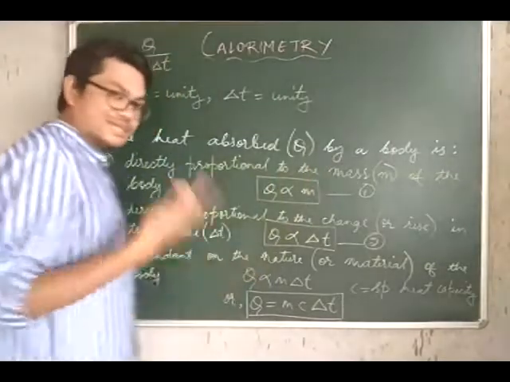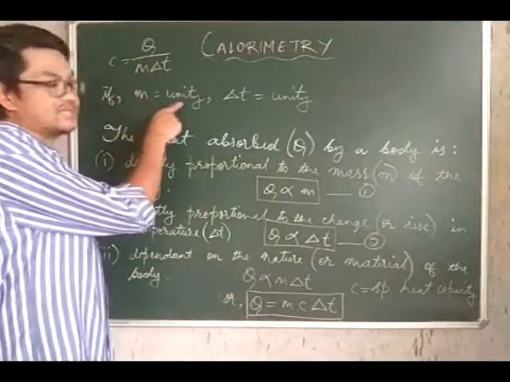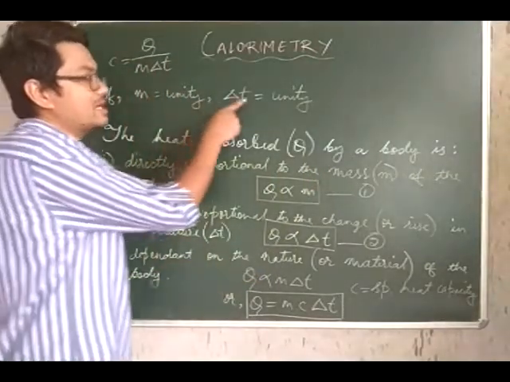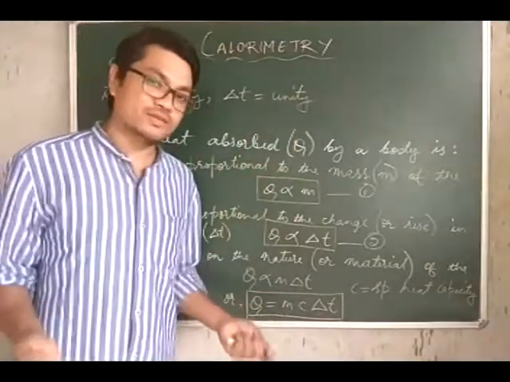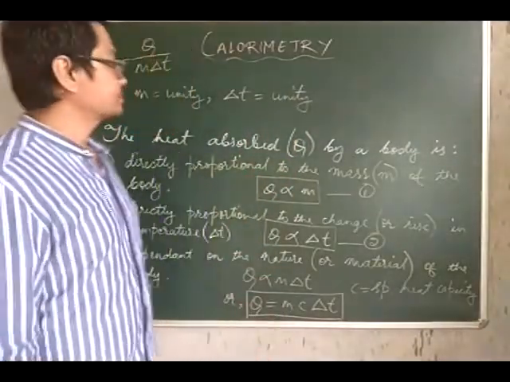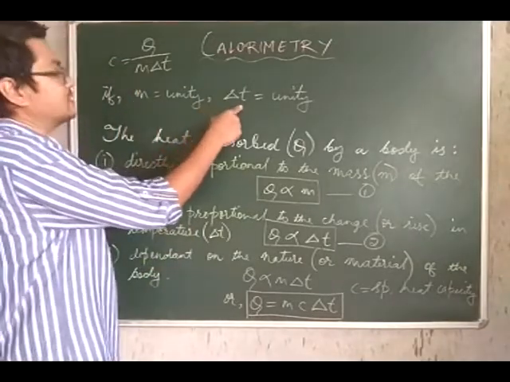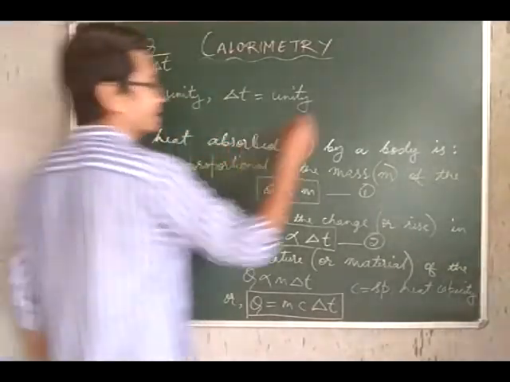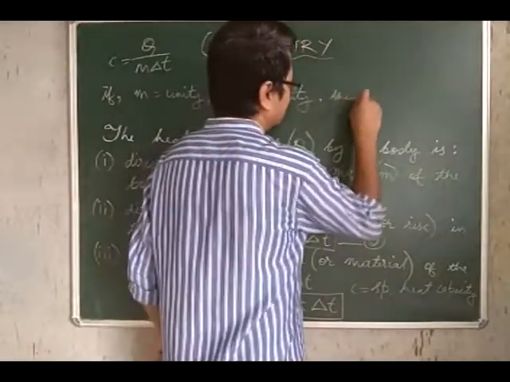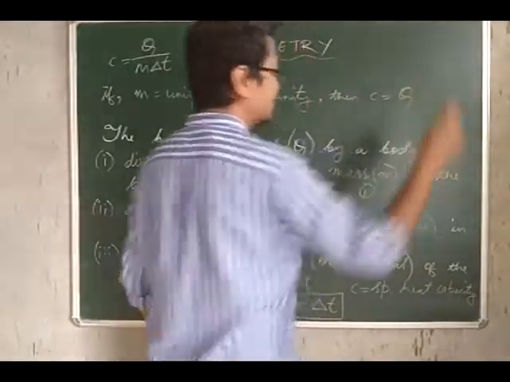If you are working in SI system of units, then M is unity means M is 1 kilogram and the change in temperature is 1 Kelvin or 1 degree C. So if M is unity and delta T is unity, what happens? We get C is equal to Q.